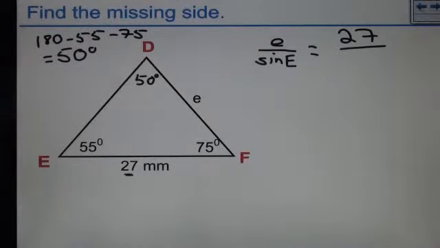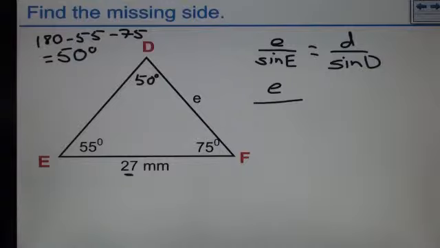Let's just do it with the letters to make it clear, which would be D over sine D. And let's fill in what we know and what we don't. E over sine 55 equals 27 over sine 50.